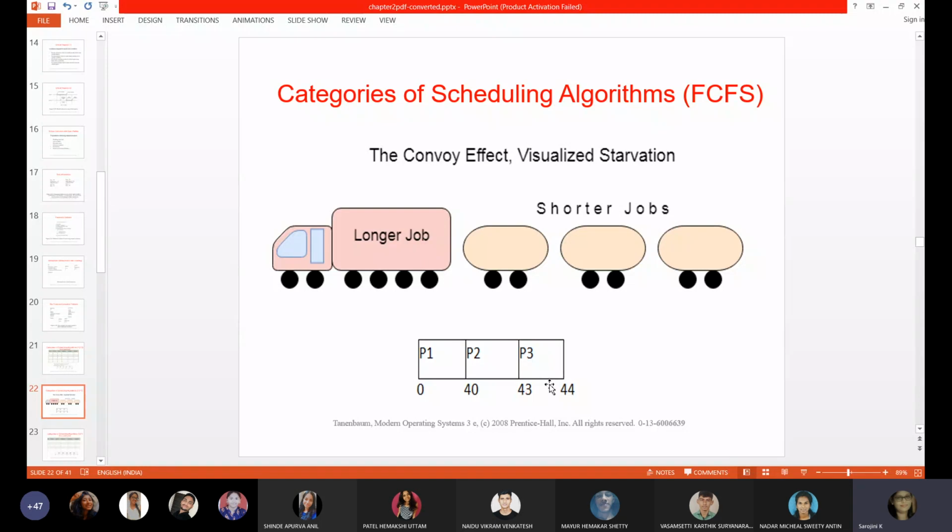But still, see the waiting time. How much time P3 should wait depends on when it arrived. Suppose it arrived at 1 millisecond, then it should wait 42 milliseconds. So this effect is called the convoy effect. This leads to starvation of the shortest job.